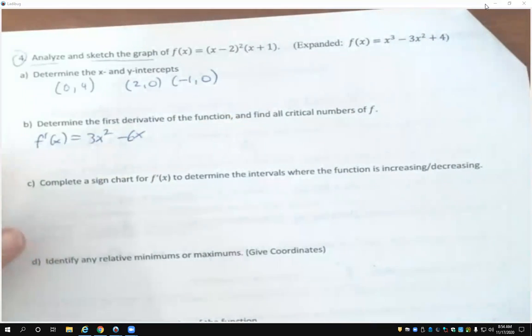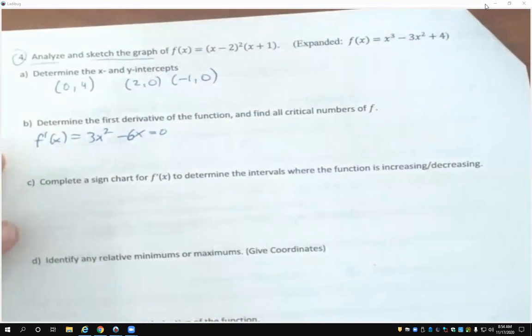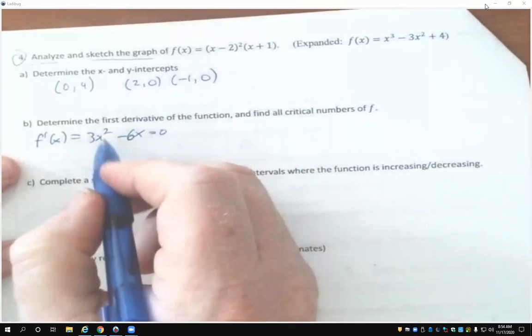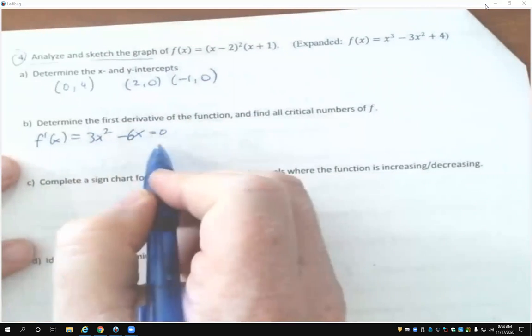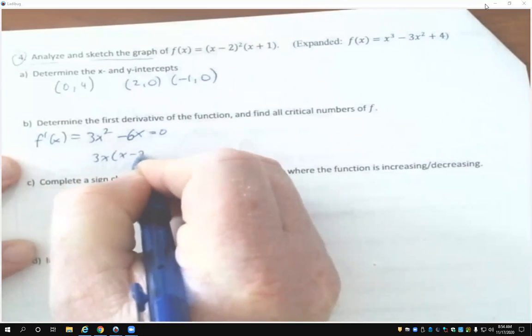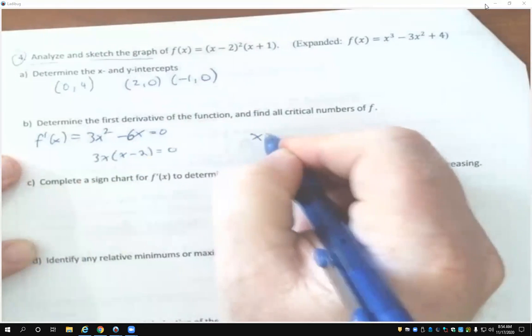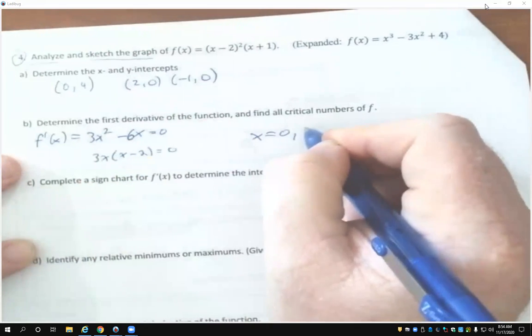And the derivative of 4 is 0. To find our critical numbers, we set our derivative equal to 0 and solve. So I'm going to factor out a 3x, and I'm left with x minus 2 equal to 0. So I get critical numbers of 0 and 2.